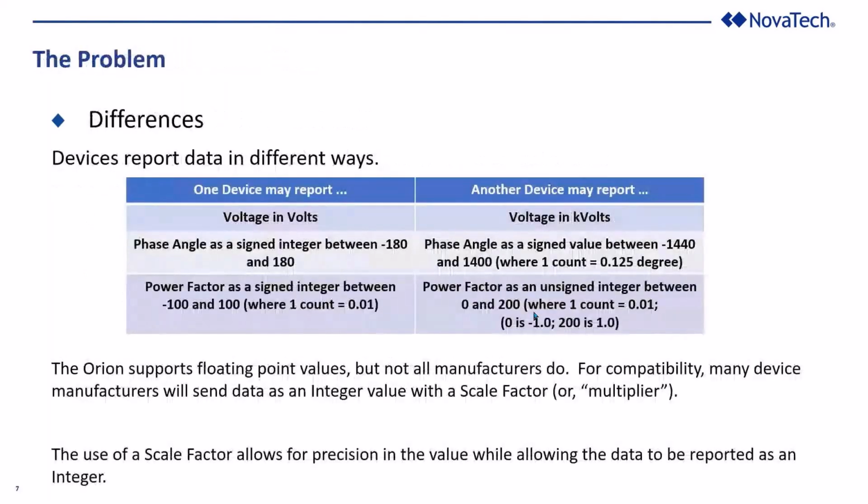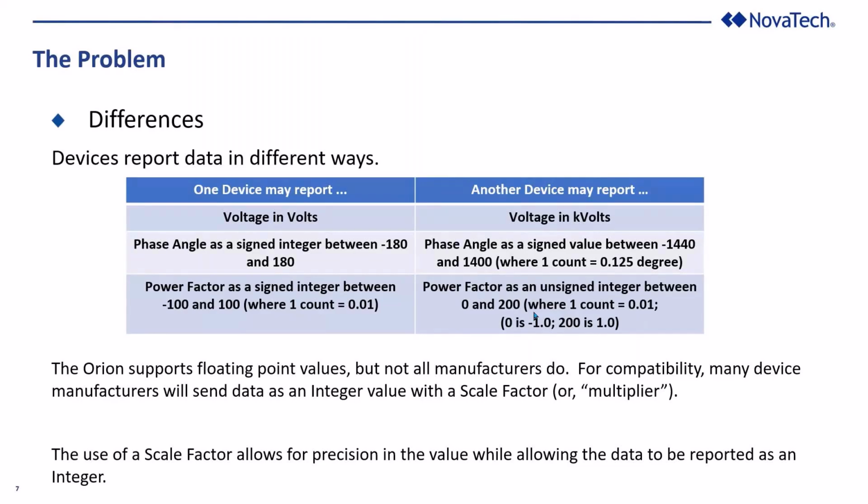Now, the problem that comes with communicating with different devices from different manufacturers on different protocols is that the data gets reported in different ways. I've included a few examples here. For example, one device might record just an integer value reporting voltage in volts.